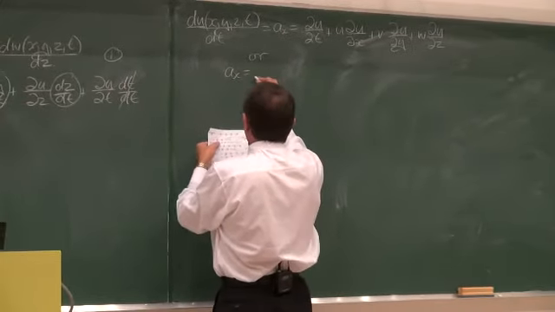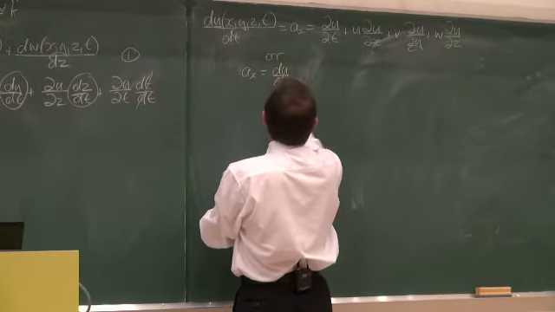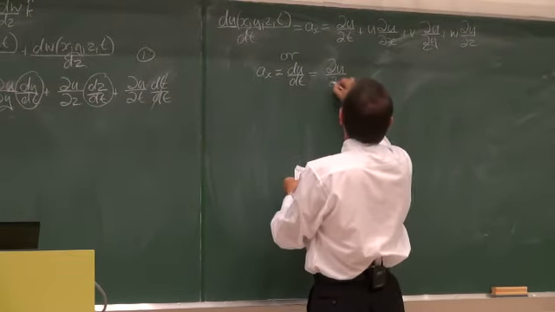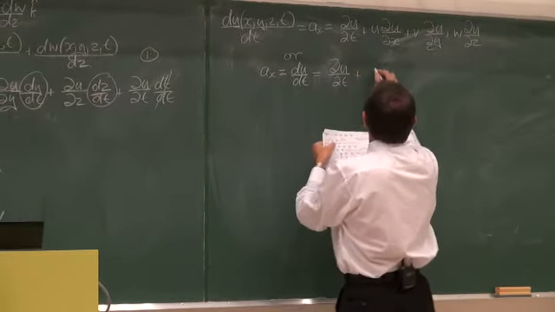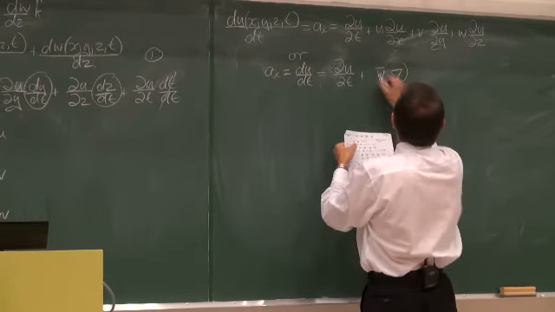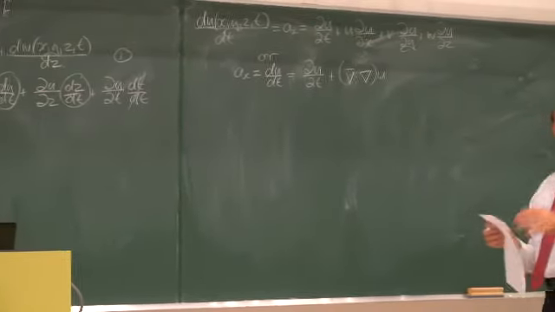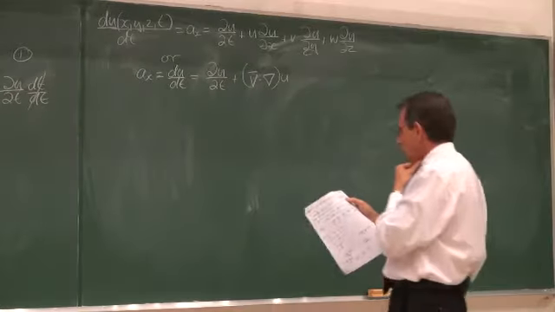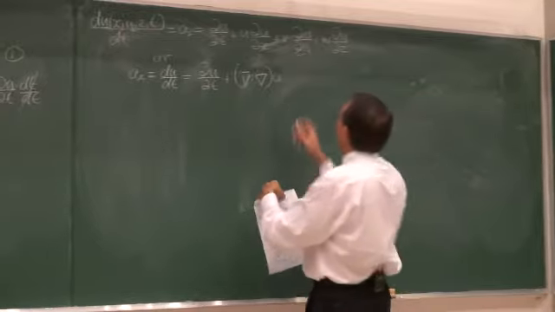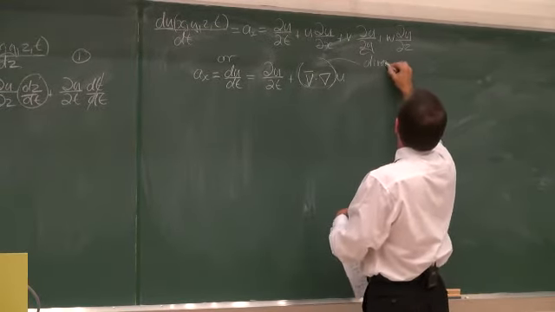Or we can say the acceleration in the x direction, which is equal to du dt in general, is equal to partial du dt plus the velocity dotted with the gradient of the scalar u.